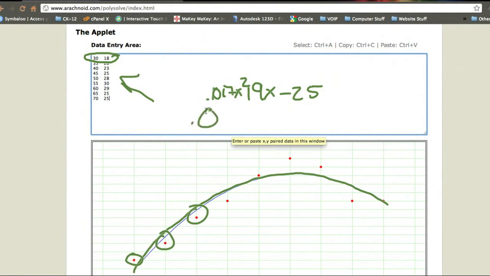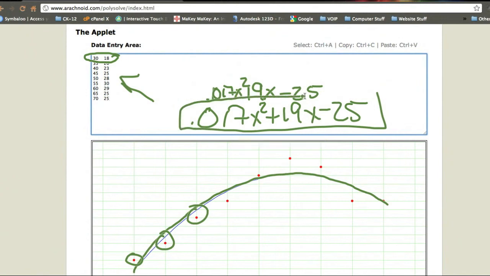So we have 0.017x squared plus 19x minus 25, and that's the equation for the polynomial or the parabola of best fit for the data that they gave us for the question. So that's the first part of the question solved there.